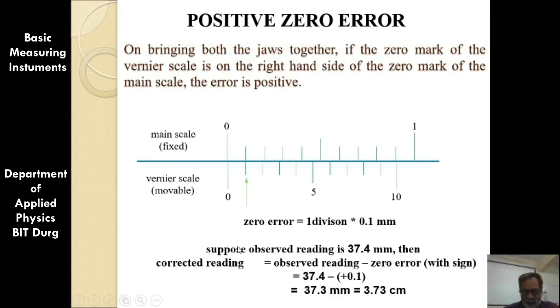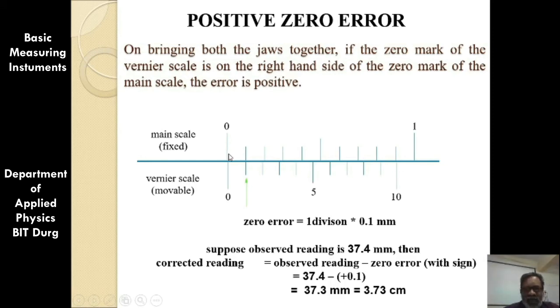Now suppose the observed reading is 37.4. You observed the reading to be equal to 37.4. But the instrument has an error, a positive error, with a magnitude of 1 multiplied by 0.1 mm. So obviously the corrected reading will be obtained when you subtract the zero error, with sign, from the observed reading.